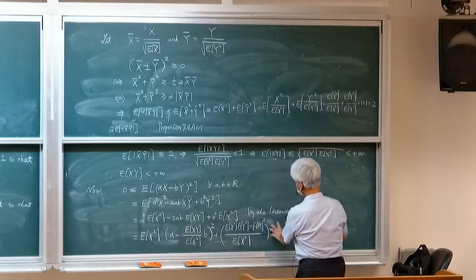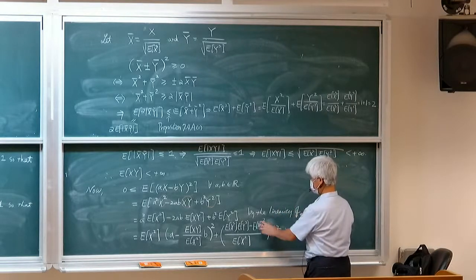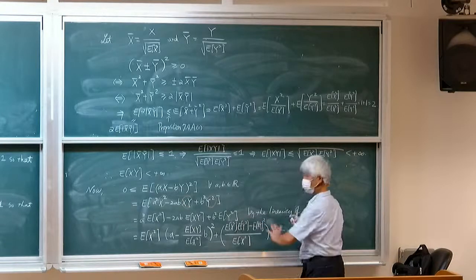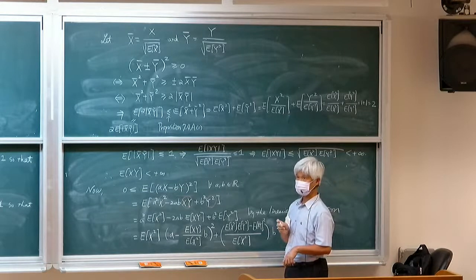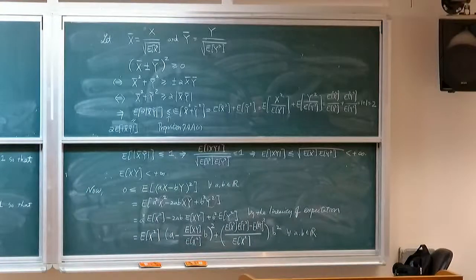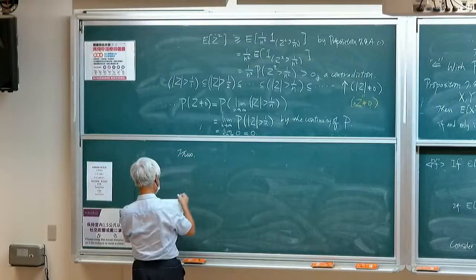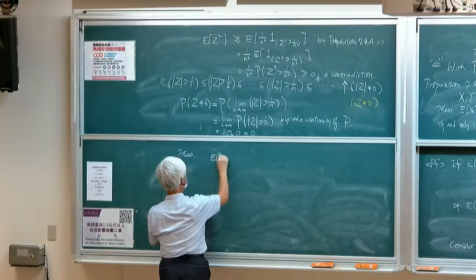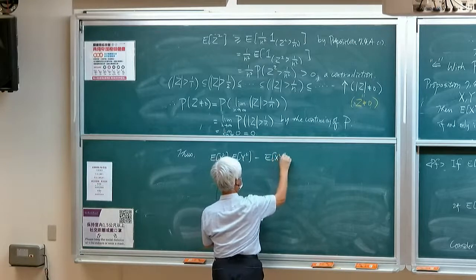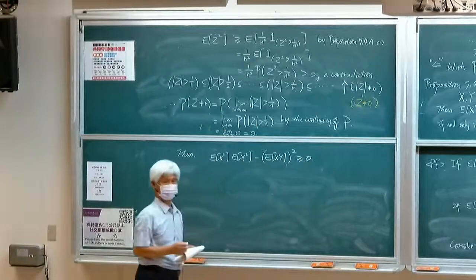And b can be arbitrary, so now the degree of freedom becomes only 1. If the numerator here is negative, then this term will be negative. That is a contradiction. So this implies that EX squared times EY squared minus EXY squared must be greater than or equal to 0.